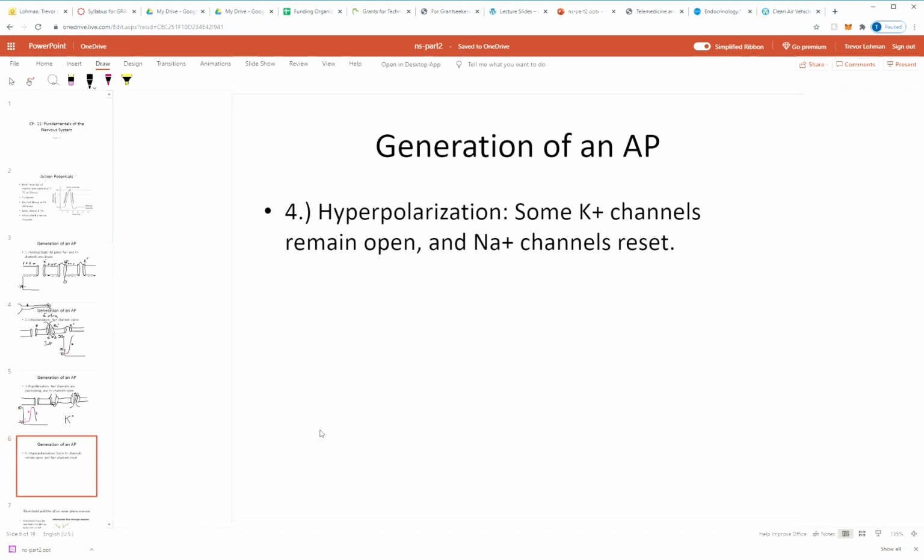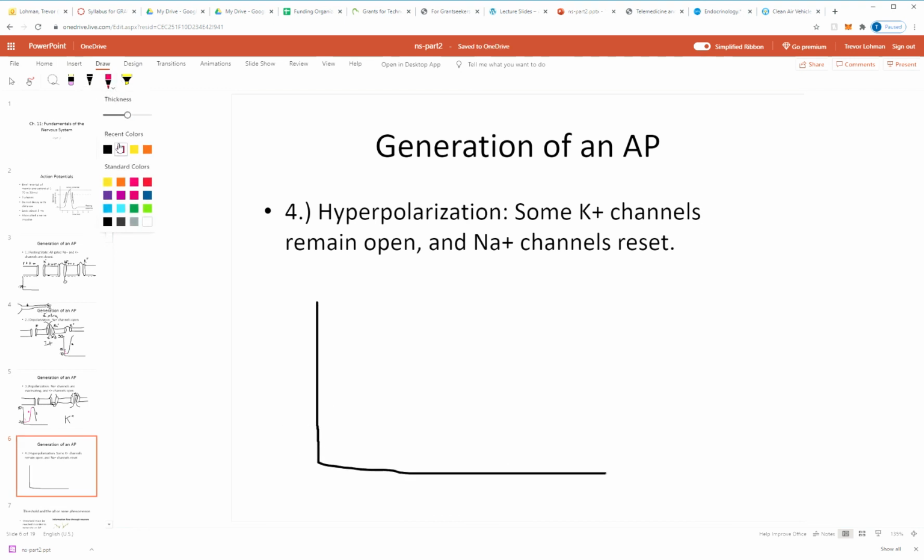Okay, hyperpolarization. We don't need to draw this one, it's pretty straightforward. Basically, let's just draw the graph. So here we go. Rest, depolarization, hyperpolarization. So 1, 2, 3. And then it's debatable whether rest is a part of this.